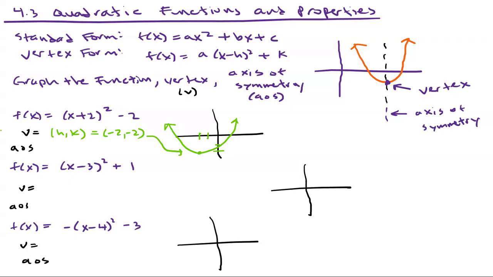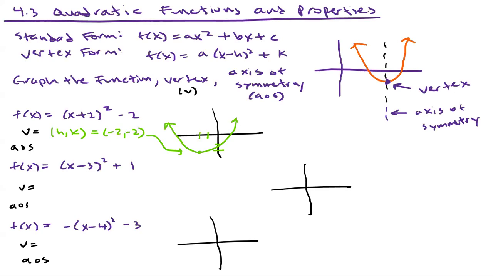So the axis of symmetry is the same thing as the x coordinate, or in this case, the h part of the vertex. I have to write it as an equation. That's going to be x is equal to -2.